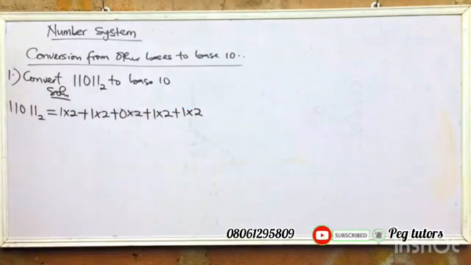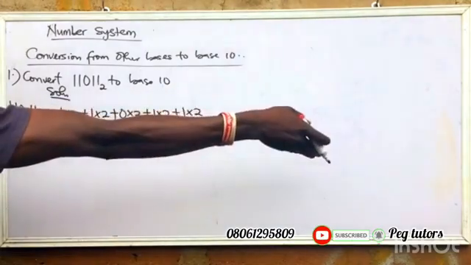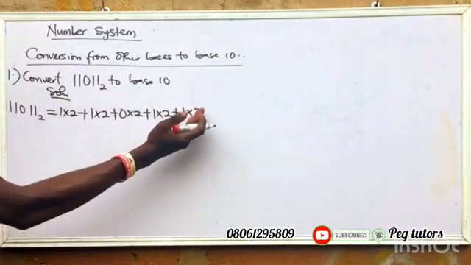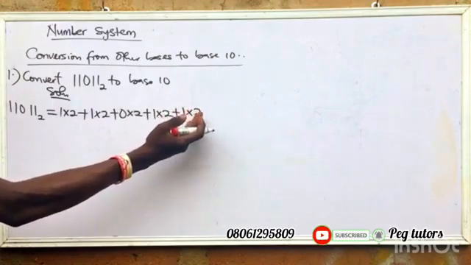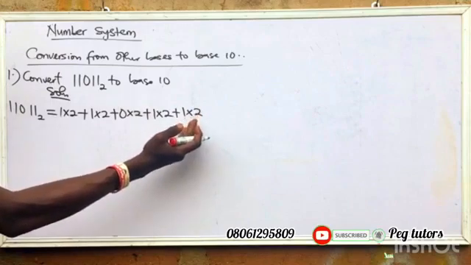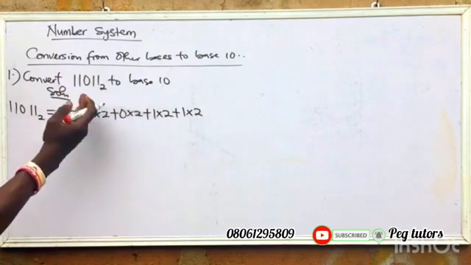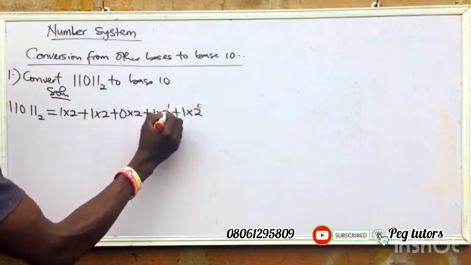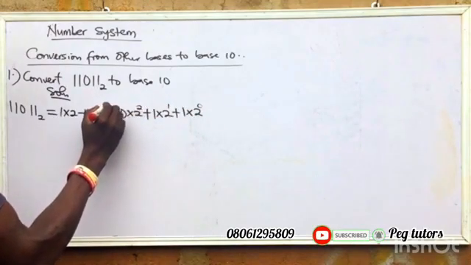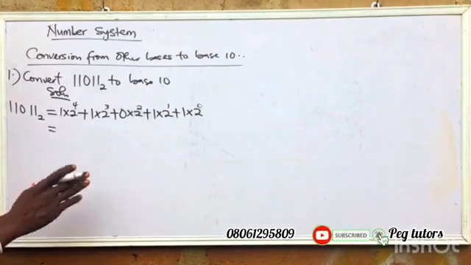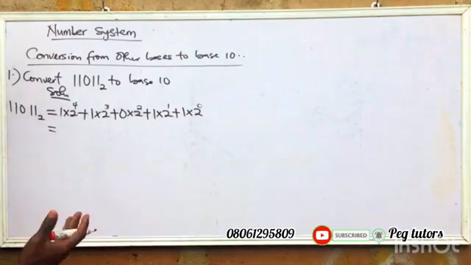Now you start from the end, the 2 at your right hand side, and raise the base, which is 2, to powers 0, 1, 2, 3 as it increases. First one takes 0, second one takes 1, 2, 3, 4. So you end here. Now the last part is to multiply out by arithmetic.